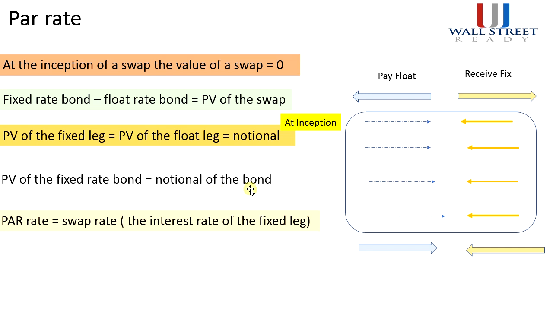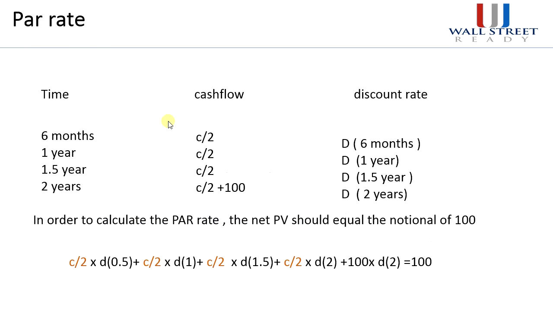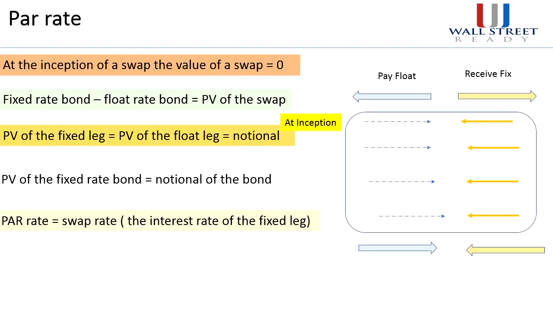This is the same definition as when we spoke about par rates. In par rates we said if we discount these cash flows and the present value of these cash flows equals the notional of the bond, then the coupon of this bond is the par rate. That's the same definition here.